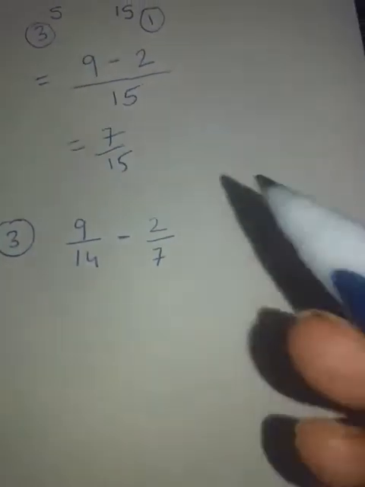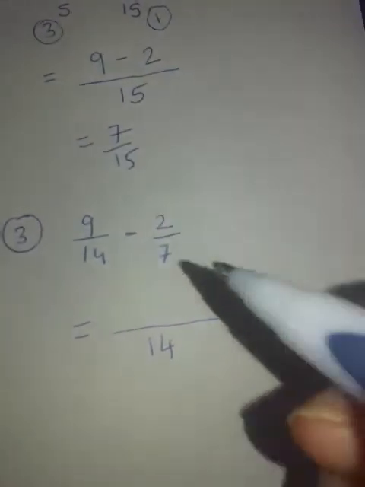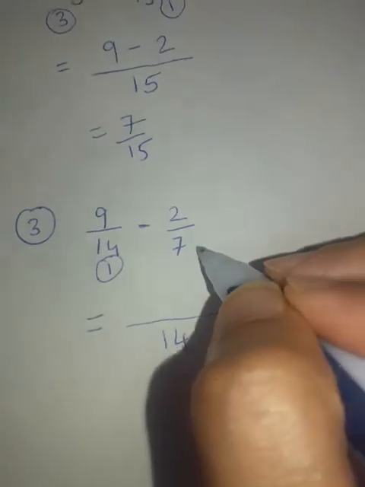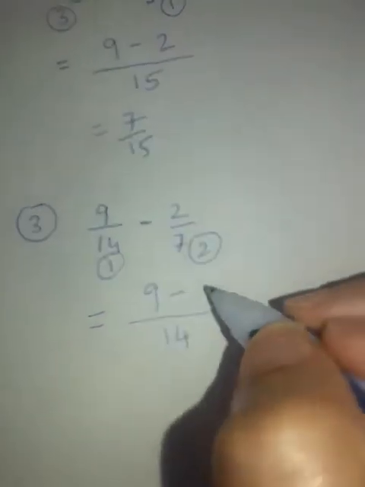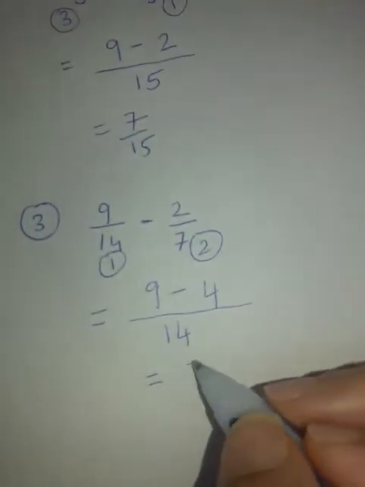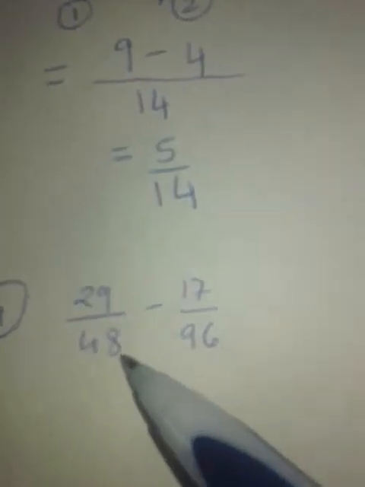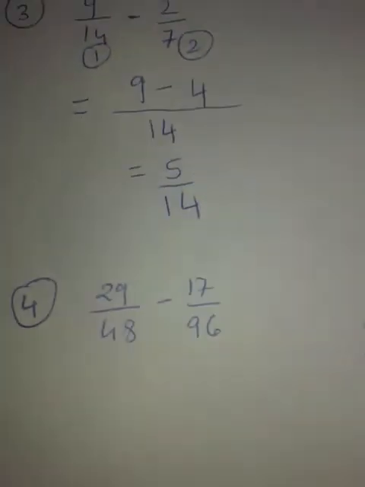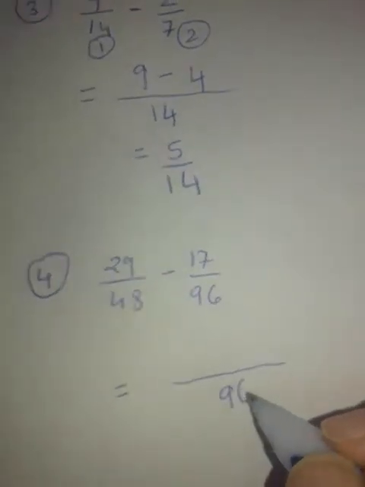9 upon 14 minus 2 by 7. LCM is 14. 1s are, 2s are. 9 ones are 9. 2 twos are 4. So answer is 5 upon 14. 29 upon 48 minus 17 upon 96. LCM is 96.